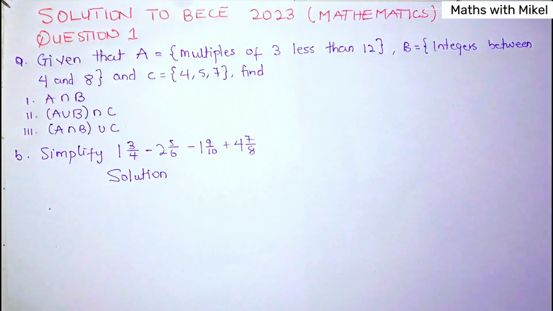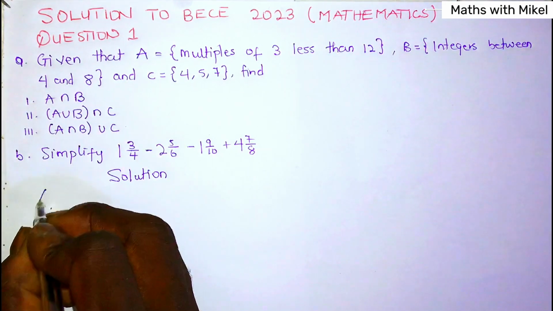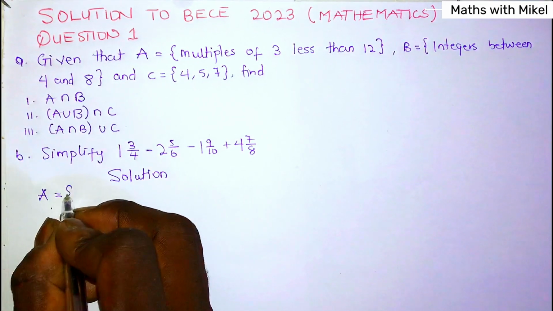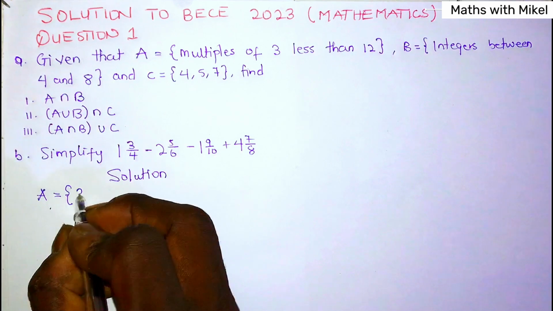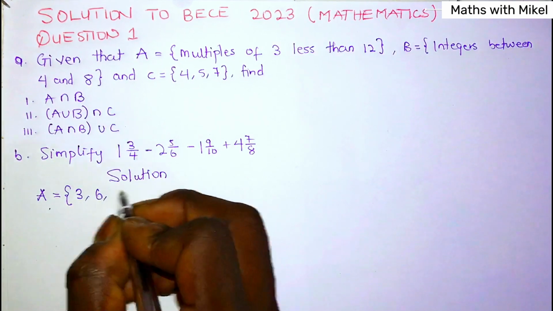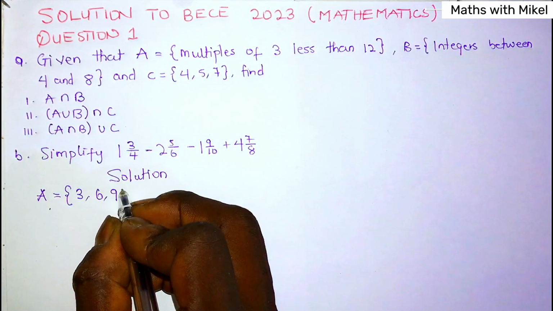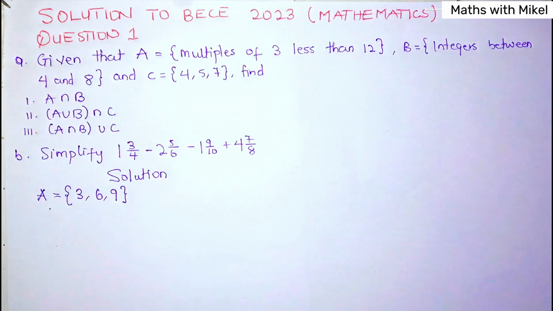Let's list the elements of A, B, and C. A is multiples of 3 less than 12, so we have 3, 6, 9. These are the multiples of 3 that are less than 12.